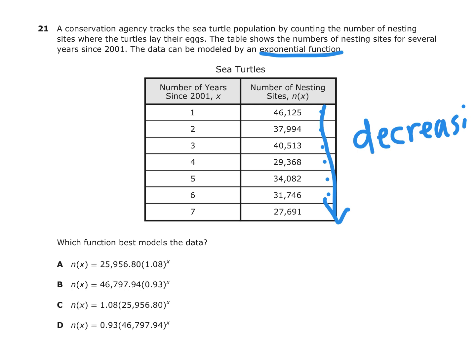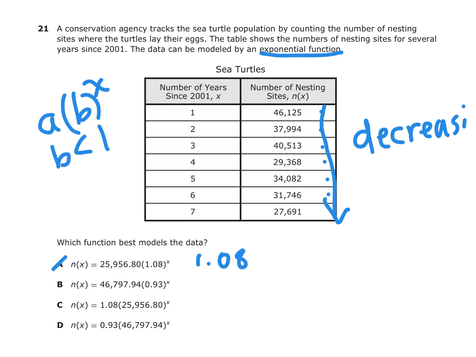If you have an exponential function, a times b to the x, b is your multiplier, and if b is less than 1, it's decreasing. Here b is 1.08. That would be increasing, so I don't think it's A. It could be B.